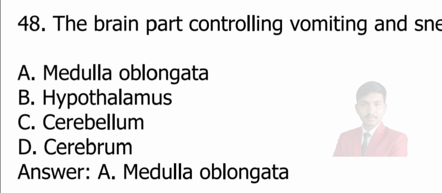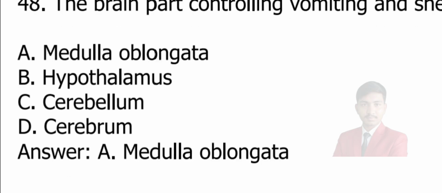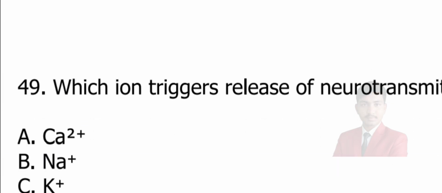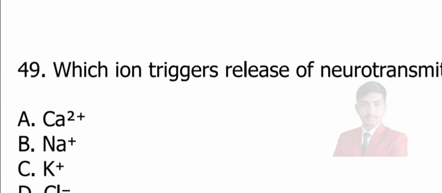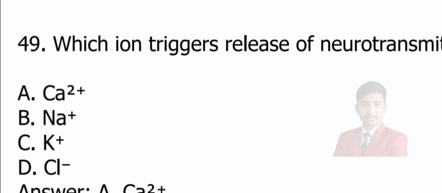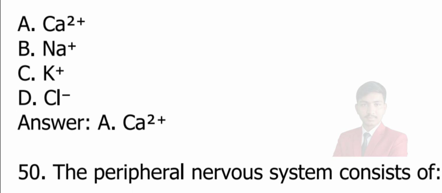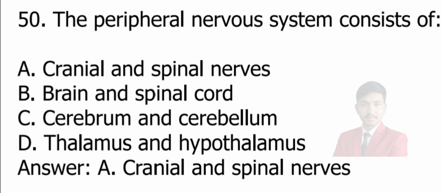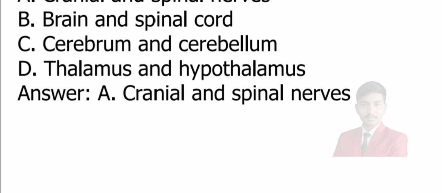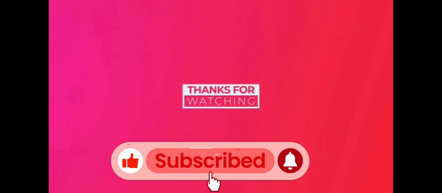The brain part controlling vomiting and sneezing is medulla oblongata. Which ion triggers release of neurotransmitters? Ca2+ ion triggers release of neurotransmitters. The peripheral nervous system consists of cranial and spinal nerves.